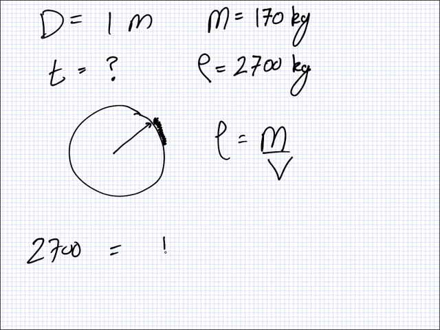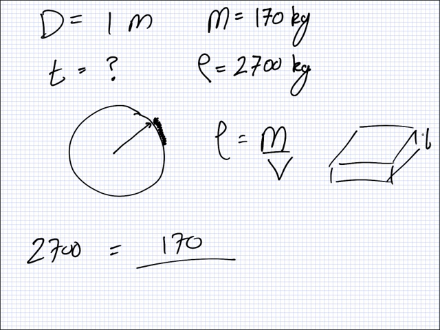Okay, so we have 2,700 equals 170 over. Now, we have to unroll this sphere. So again, it'll be like a big rectangle. The thickness will be T. I think we're happy with that. And the area, what will that area be?